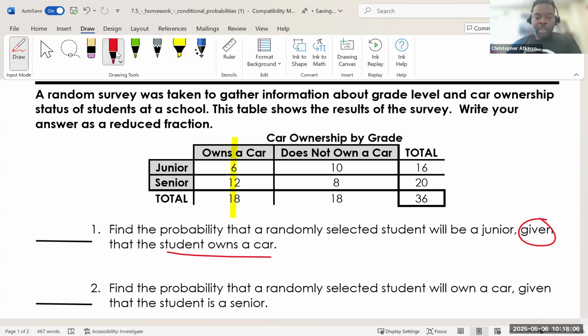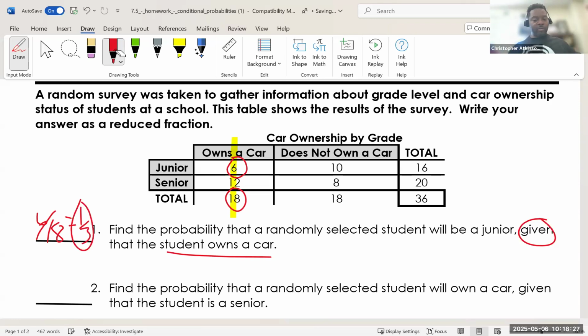All right. So right now I see we have a total of 18 people who own a car, but out of those 18 people, we have 6 that are juniors. So as far as my conditional probability, this would be 6 out of 18, which reduces to a third.